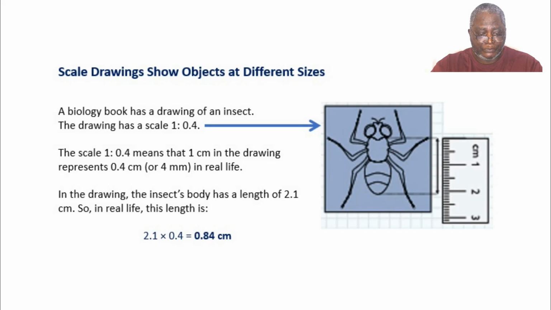So in real life, this length is 2.1 times 0.4, which is equal to 0.84 centimeters. Please watch the drawings, look at the ruler and the measurements in centimeters, and you can see for yourself what we're talking about.